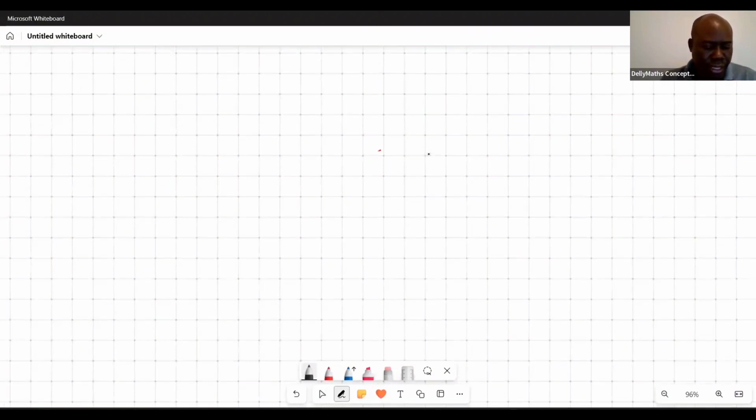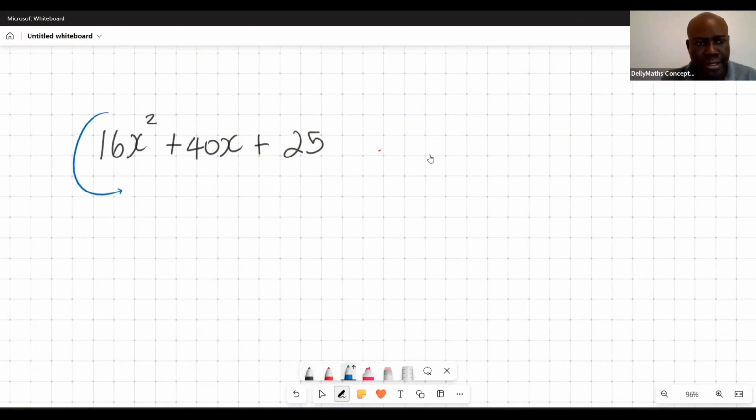Let us say we find ourselves with 16x squared plus 40x plus 25. Let's take a look. Is this a square term? Yes. What is the square root of it?